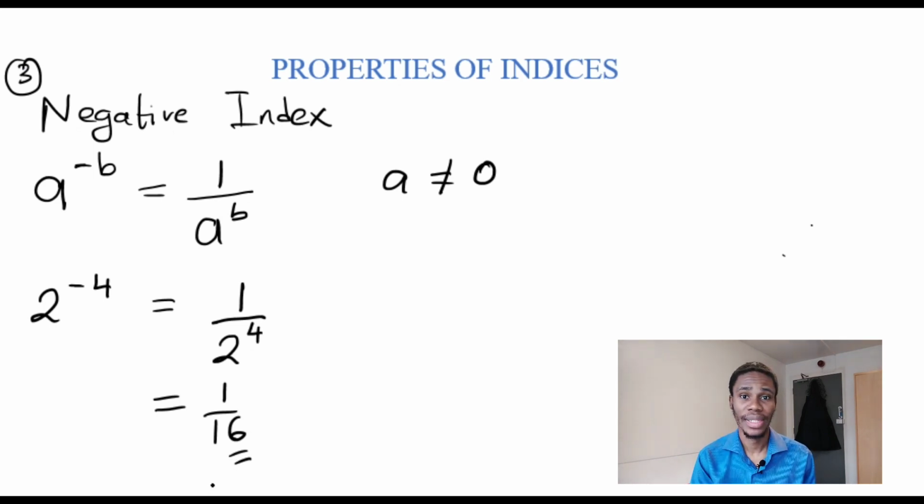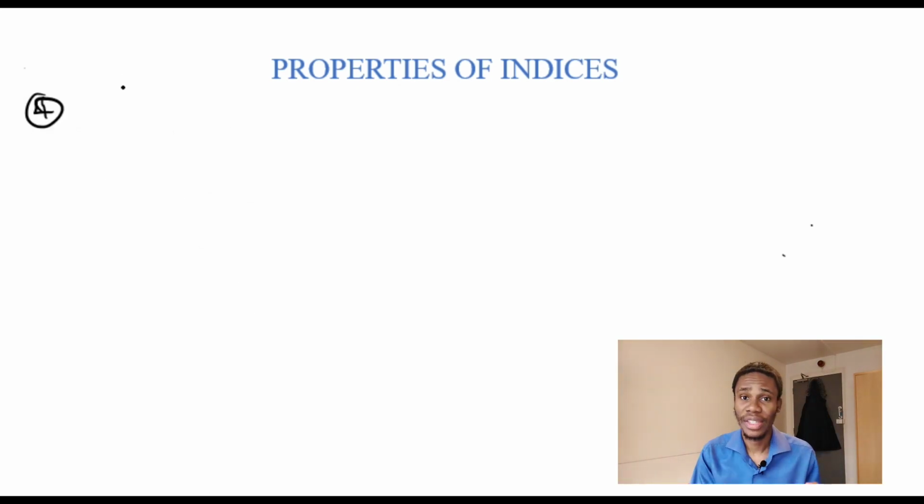Let's move on to property number 4. So property 4 has to do with the power of the quotient of two numbers. So we have two numbers. Let's just use variables before we take examples with numbers.